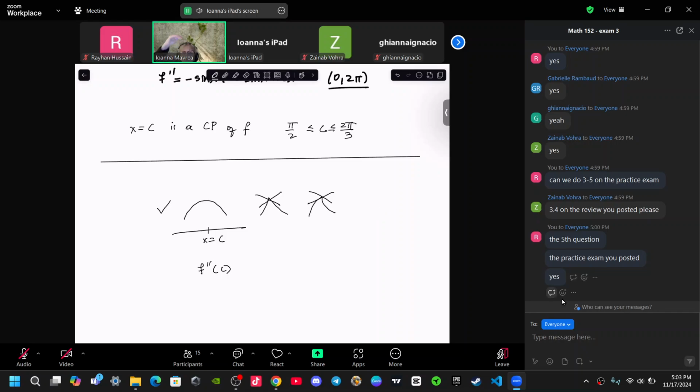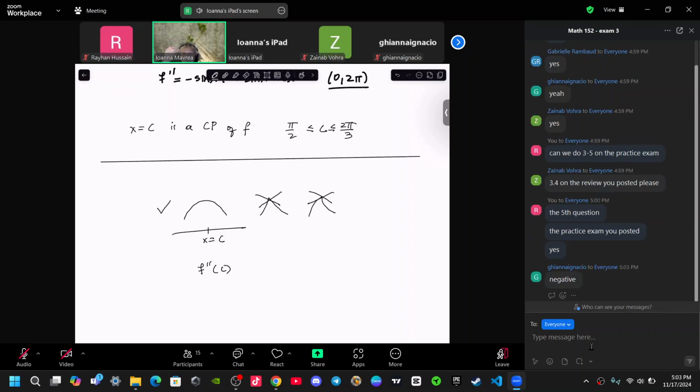If you have a little bump upwards, nice and smooth, the second derivative must be negative. If the second derivative is positive, the graph is pointing upwards, so at this point you must have a minimum.